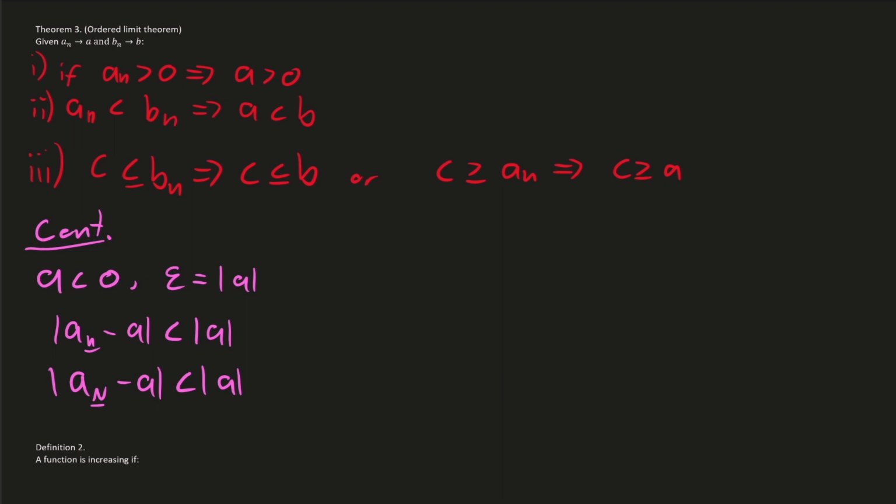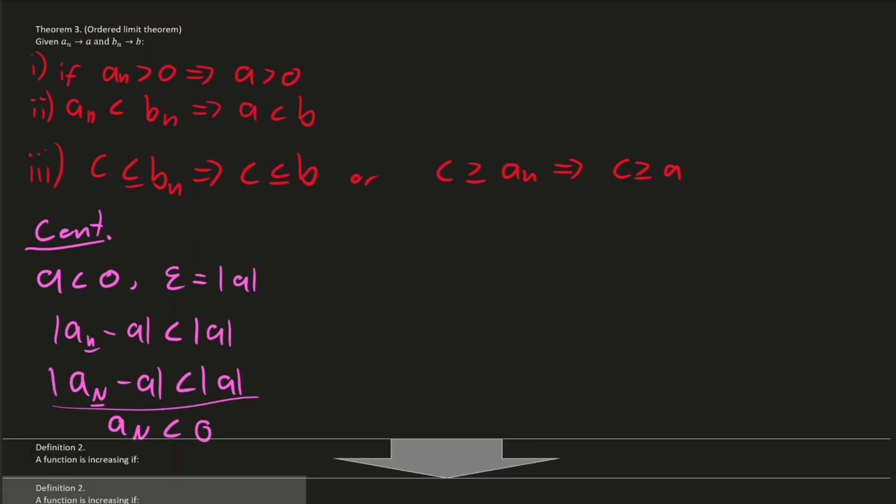All that this says in the end is that a sub capital N has to be less than 0. And that's because if it was greater than 0, this inequality up here wouldn't work out. Again, basic properties of inequalities.